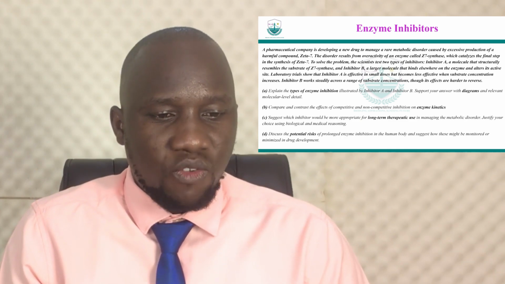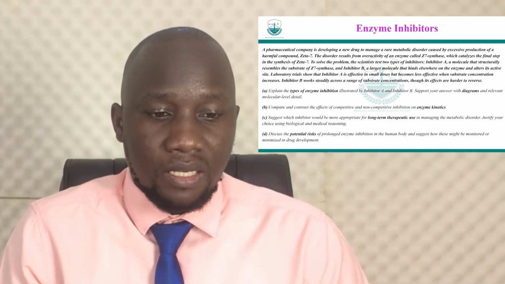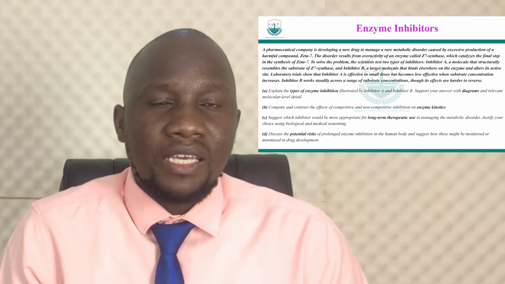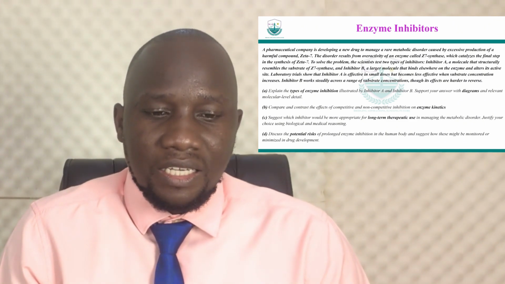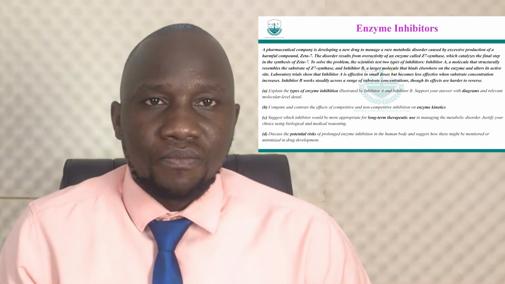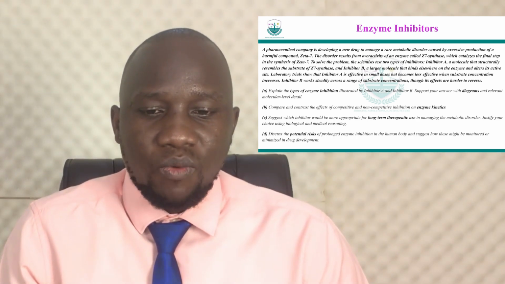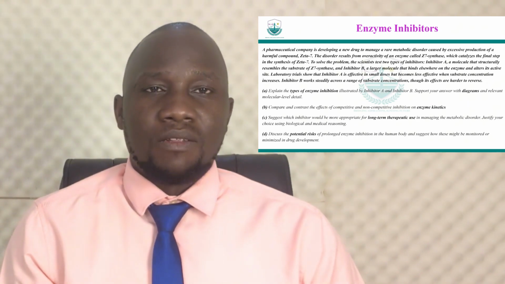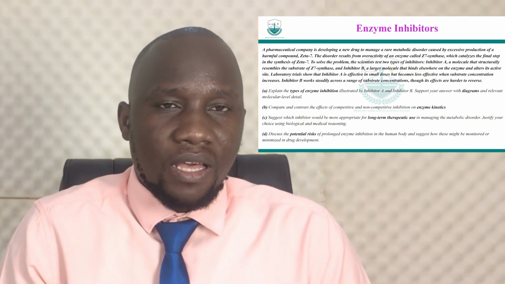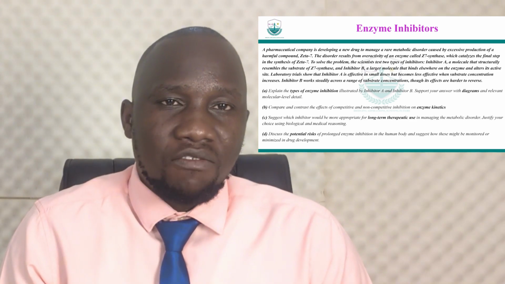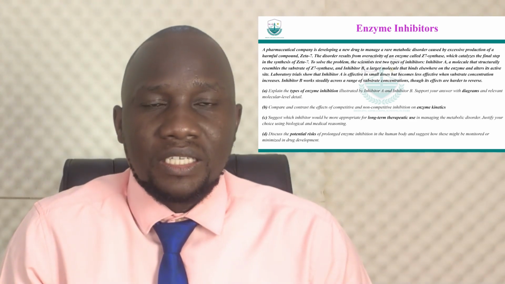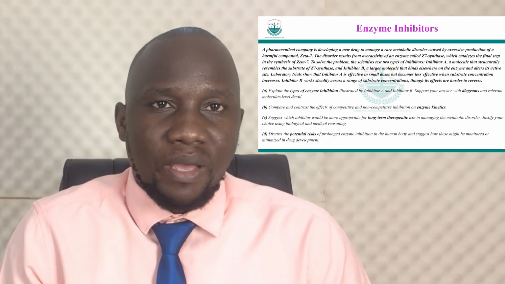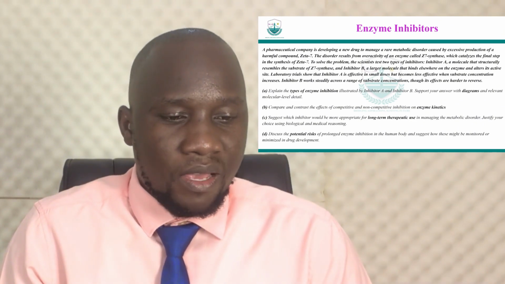The first question is, can you explain the types of enzyme inhibition exhibited by inhibitor A and inhibitor B? Can you support your answer with diagrams and relevant molecular level details? Okay, can you provide that molecular level detail about enzymatic inhibition illustrated by inhibitors A and B?